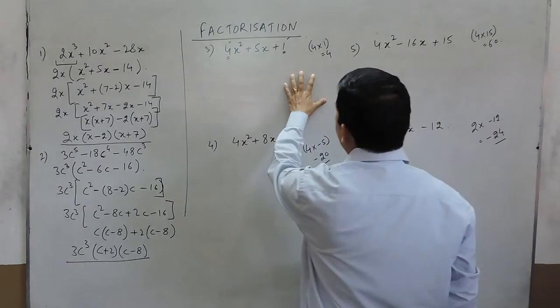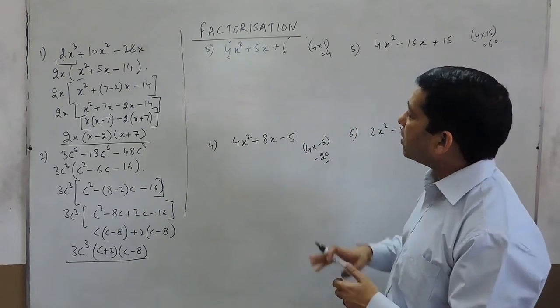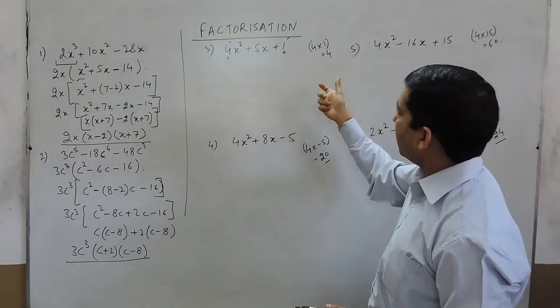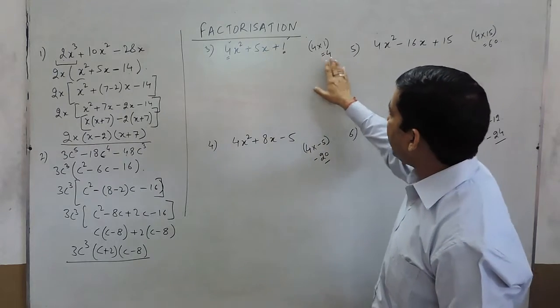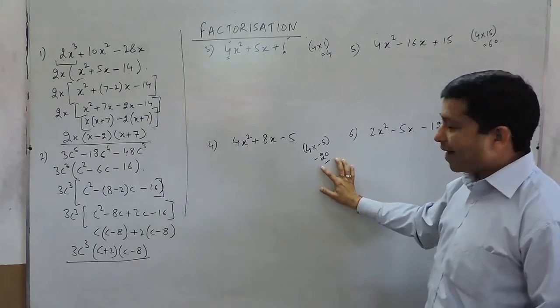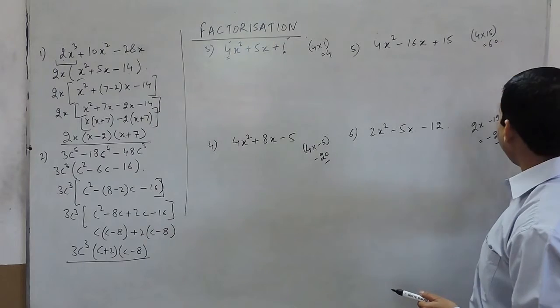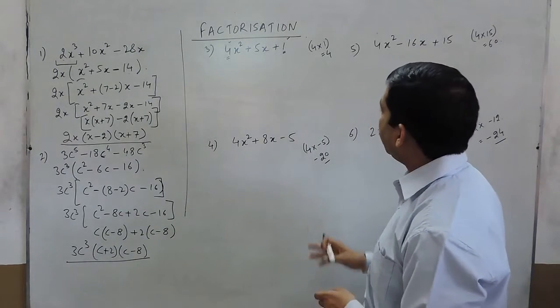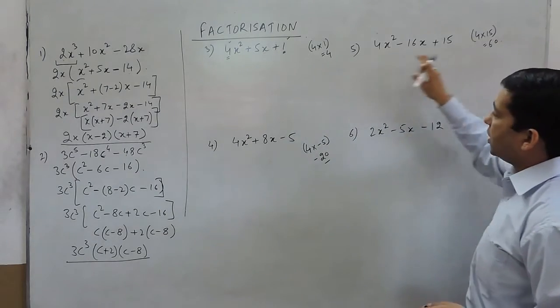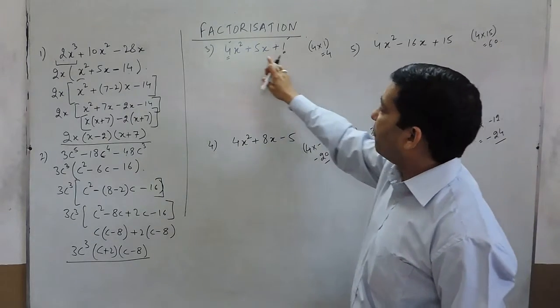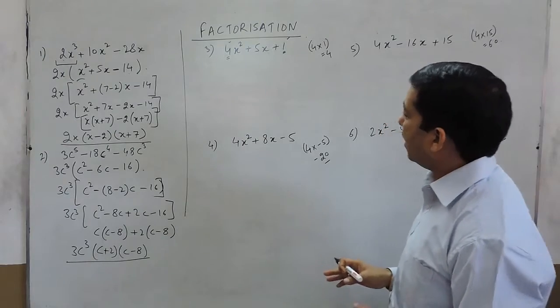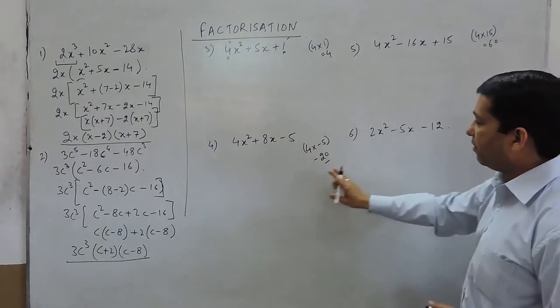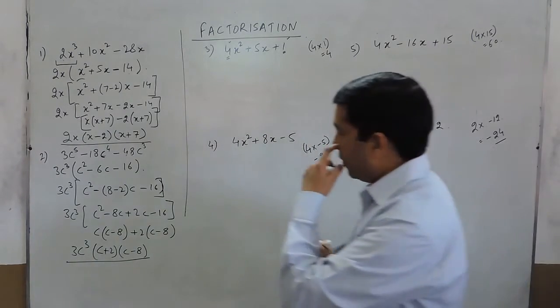Now we have to keep this thing in mind, that the middle term has to be broken into two terms so that the multiplication should be 4, minus 20, 60 and minus 24. Again we have to follow the same procedure, that if the multiplication is positive, then the addition should be the middle term, and if it is negative, then the difference should be the middle term.